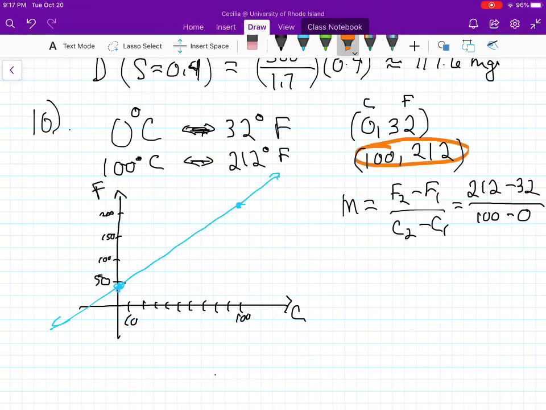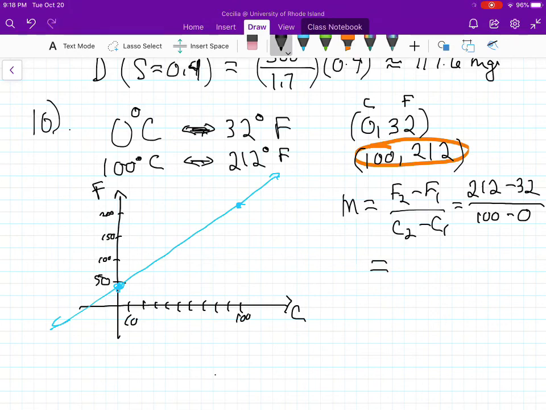Okay? So we want to make sure that we keep the points in order. When we're switching variables like this, sometimes it can be confusing, so it's really a good idea to label them well. Okay.